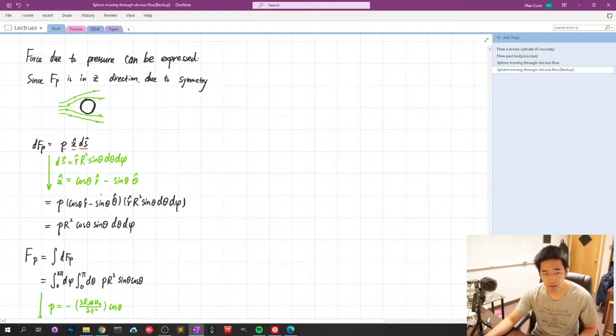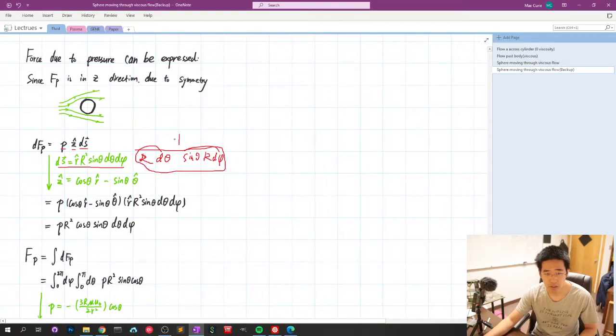And this ds is basically the element r d theta and r sine theta d phi, that's a two line element.